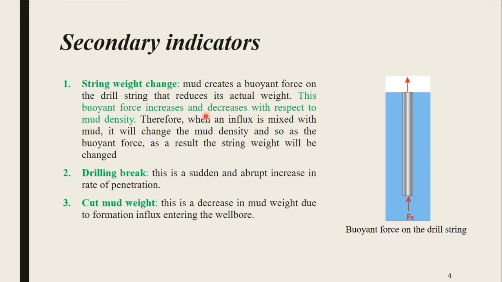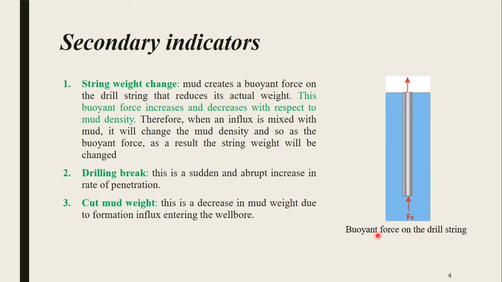Another thing that I want to mention before connecting all this to the kicks is that the buoyant force tends to decrease the weight of the object. Alright, let's get back to the figure. Imagine a kick is occurring right now, which means the influx is contaminated with mud. This contamination, as we talked about in the first part of this lesson, will lower the density of mud.